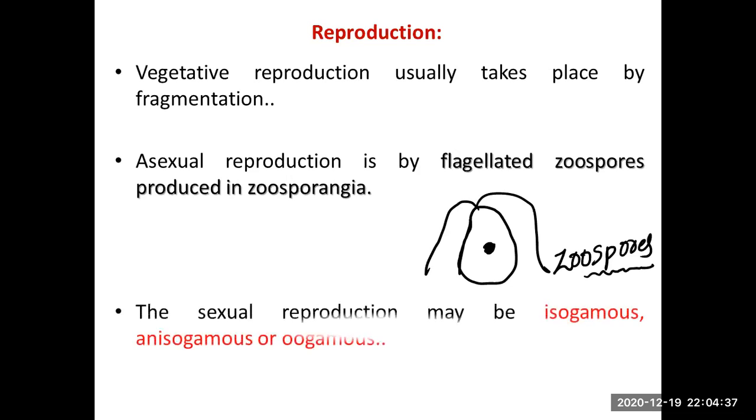Sexual reproduction may be isogamous, anisogamous, or oogamous.